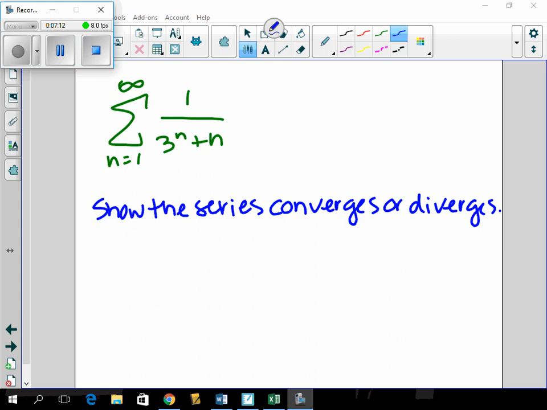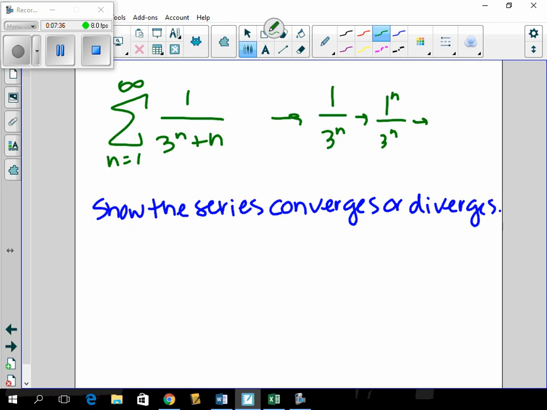So I'm given this series 1 over 3 to the n plus n. And I want to show that the series either converges or diverges. So I'm going to try to use the direct comparison test because I noticed that this looks similar to the series 1 over 3 to the n, which I can rewrite as 1 to the n over 3 to the n, which is also (1/3)^n, and this is a geometric series with r equal to 1/3.